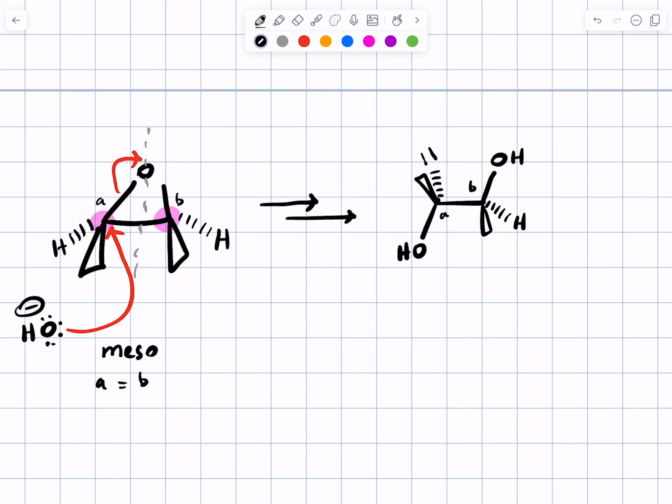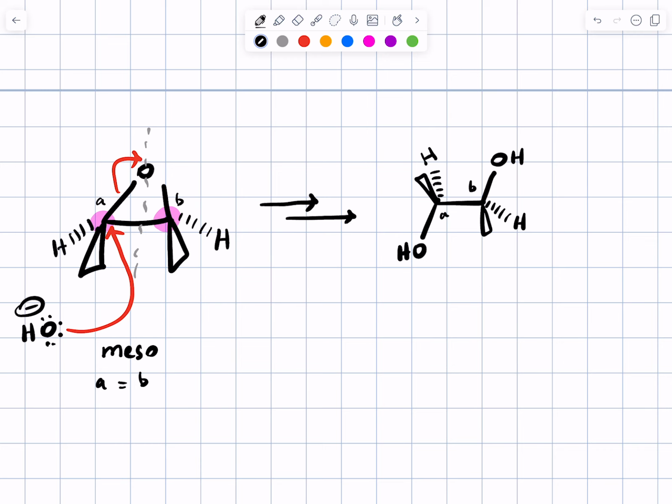And the proton, which was also angled towards the bottom of the page but down away from us into the page, is still going to be down away from us into the page, but now angled up towards the top. Okay? This is one way you can show inversion of configuration.